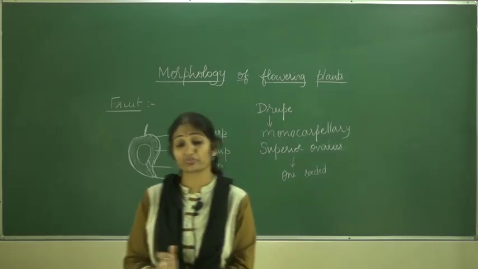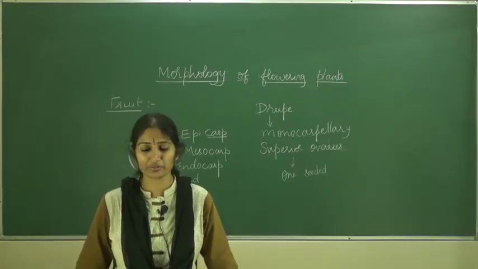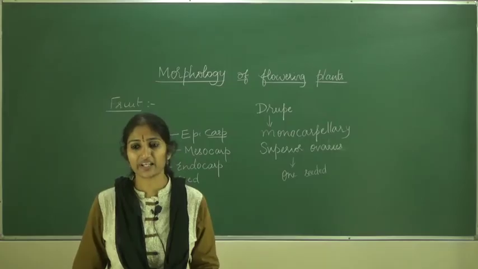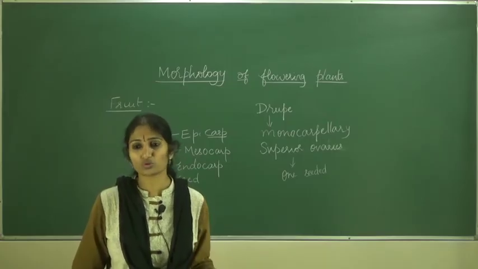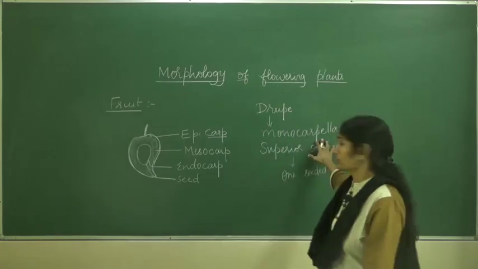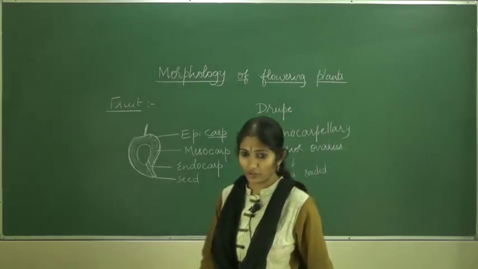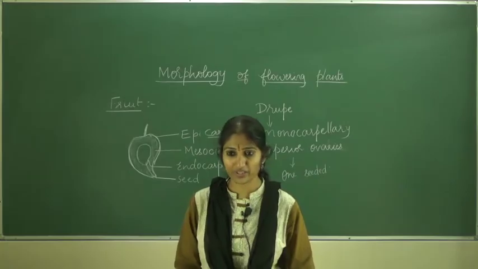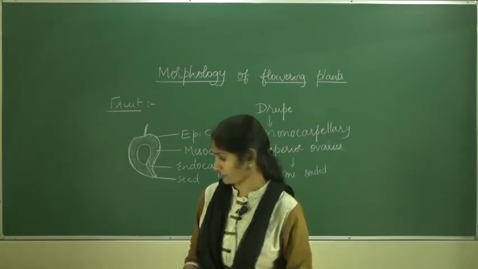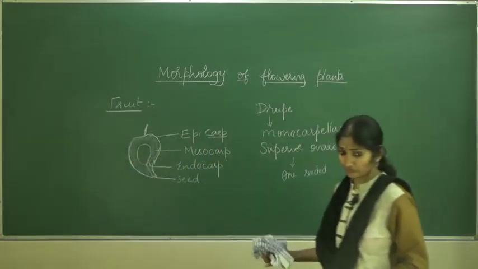So mesocarp can be edible or not edible, or it can be fibrous, and so on. So there is a good amount of diversity there. But what makes a drupe is basically one large seed, monocarpellary, and coming from the superior ovary. I hope you remember what superior ovary means, right? The ovary is situated on the top. So that would be our fruit, right?